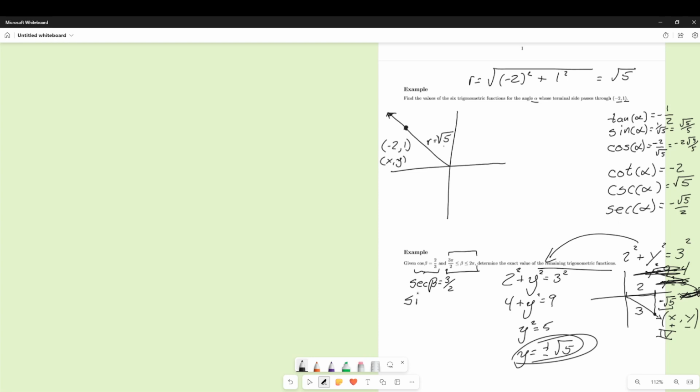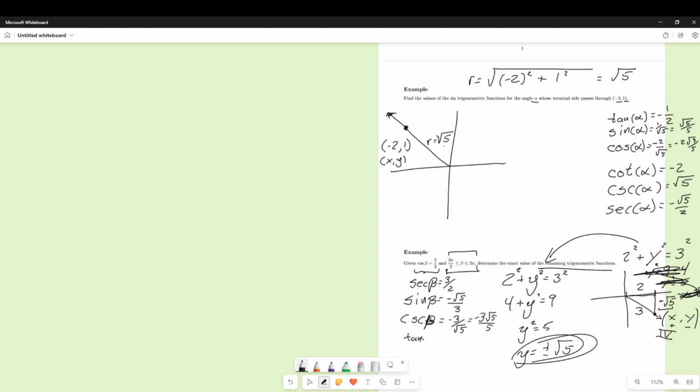But now we can find all those values. We know the sine of beta is going to be our y, negative square root of 5, over our radius 3. That's going to make our cosecant of beta its reciprocal, negative 3 over the square root of 5, which you'll rationalize.